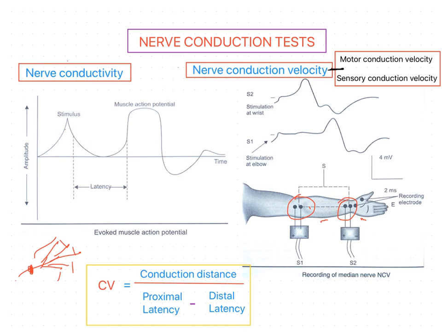Here the picture is somewhat magnified. Normally the stimulus is a very small thing, so here it is magnified, and here is the distance between the stimulus and the start of the muscle contraction. At this point the muscle is going to contract, so from the start to here. The same applies here also.